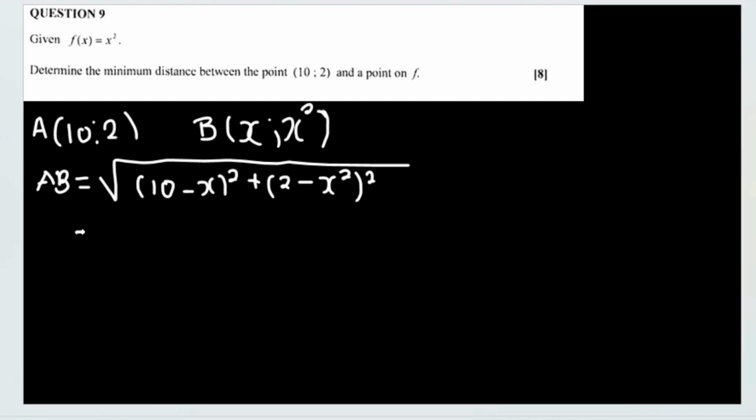Following the formula, then I simplify this thing.